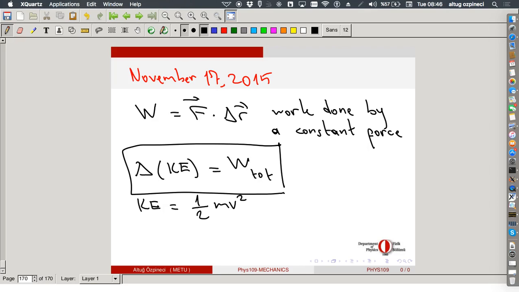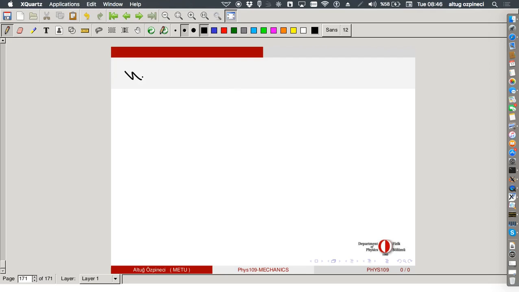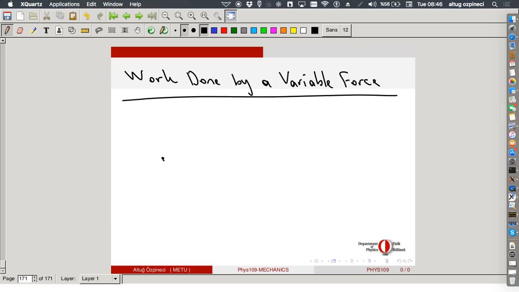Okay, any questions? And then the last thing that we were discussing was the work done by a variable force. Suppose you take this object, you just carry it around, and you reach this point, and there's a force acting on the object.